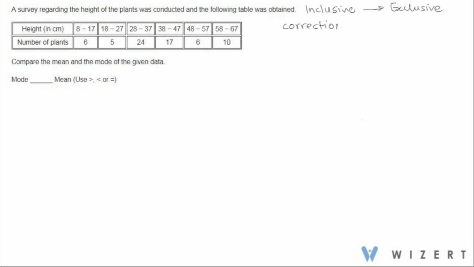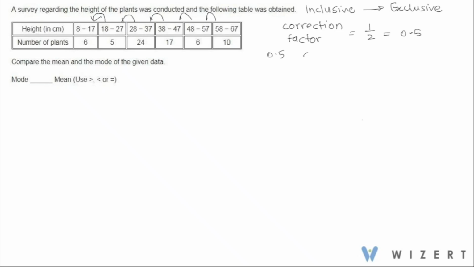Correction factor is added to all the upper limits and subtracted from all the lower limits, and we calculate the correction factor from the difference of the lower limit of the next class and the upper limit of the previous class. In each case the difference is 1, and this difference is divided by 2. So 1 divided by 2 is equal to 0.5.